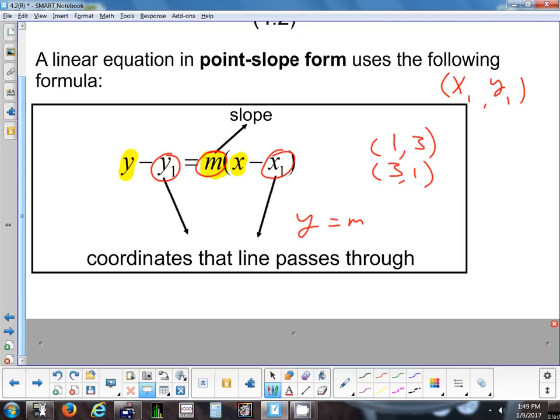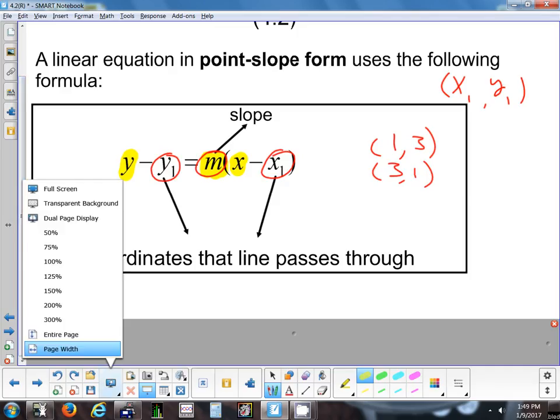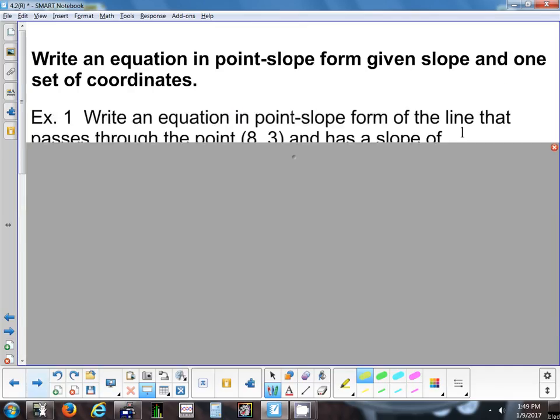And that's exactly what we do in this formula. We plug in a number here, plug in a number here. We don't plug in anything for the y and the x. So that part is kind of similar.